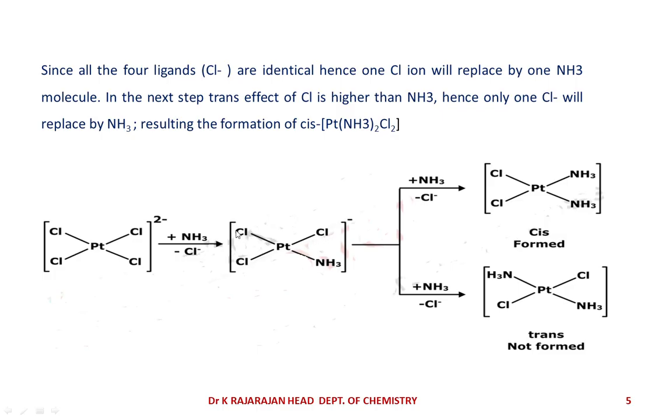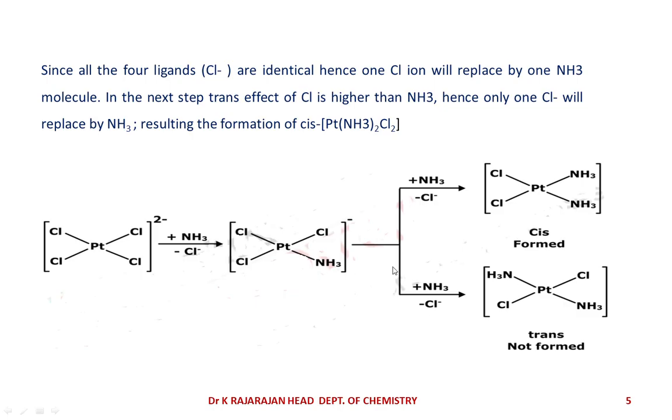Whether this chlorine is replaced or this chlorine is replaced. If this chlorine is replaced by ammonia, you will have the cis product. If this chlorine is replaced by the incoming ammonia, then you will have the chance of getting this trans product.